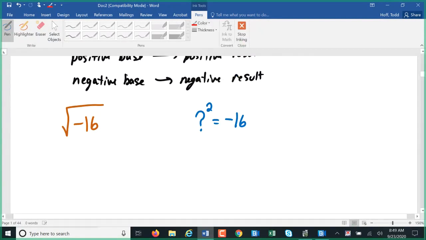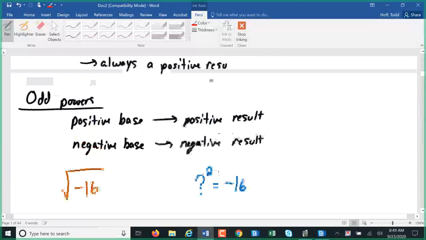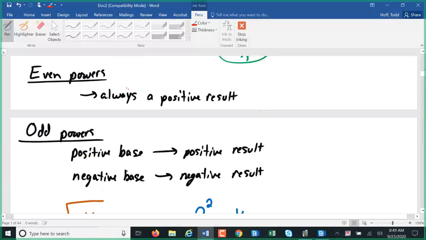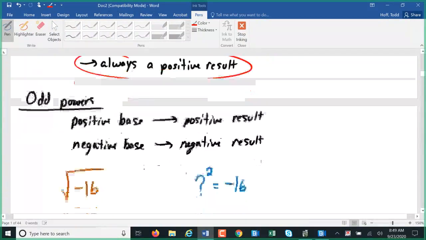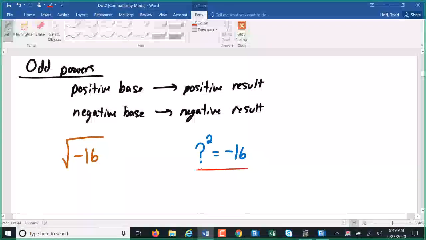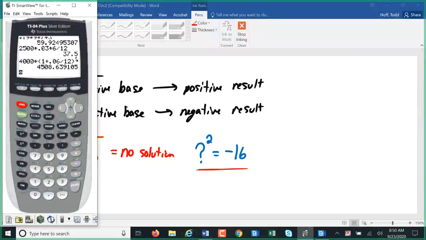Well, we just said above, if it's an even power, the result is always positive. There's absolutely nothing that we can square that's going to give us a negative result. There is no solution for this. No answer for that. If we were to try to put that in our calculator as a square root of negative 16, our calculator spits out an error saying we did something wrong.